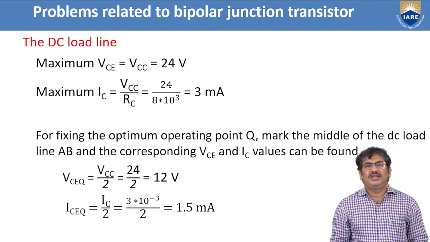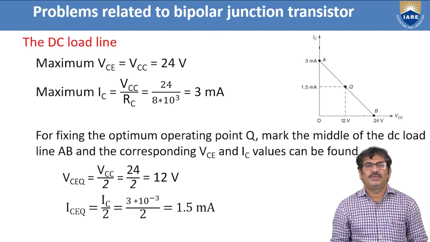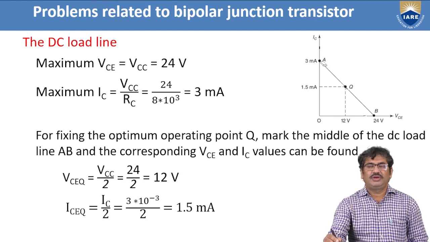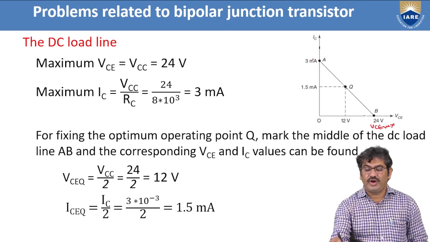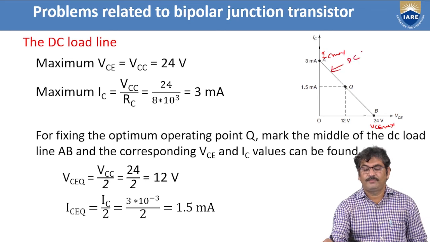Upon drawing the DC load line and locating Q point, it is shown in the figure. The DC load line is connecting between 3 milliamperes on y-axis and 24 volts. This is VCE maximum. By joining these 2 points, we'll get a DC load line.